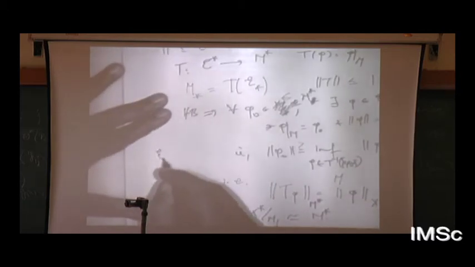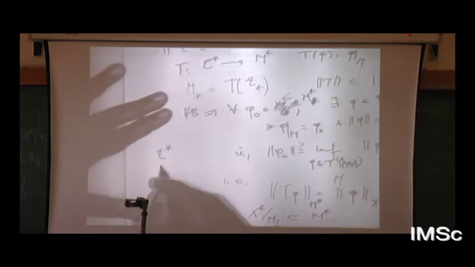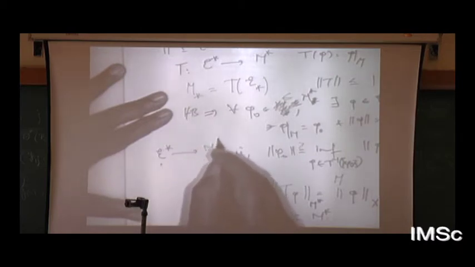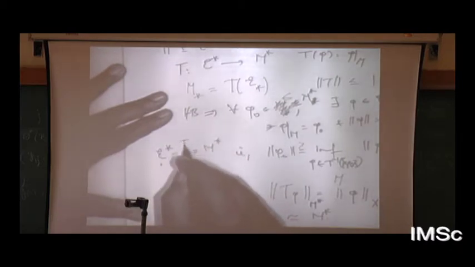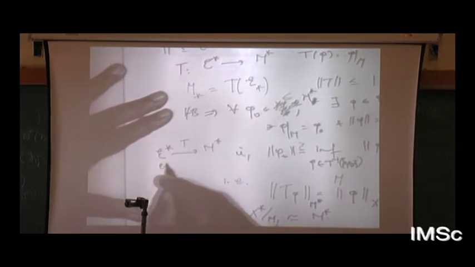See, T maps, you have this E upper star to M upper star, you have this mapping. And inside this you have E lower star, which by T goes to M lower star by definition. So this is what you have.